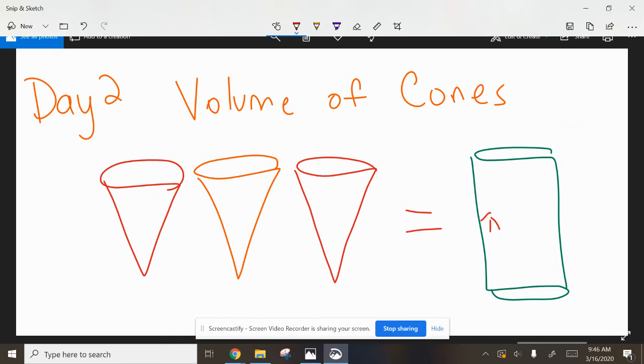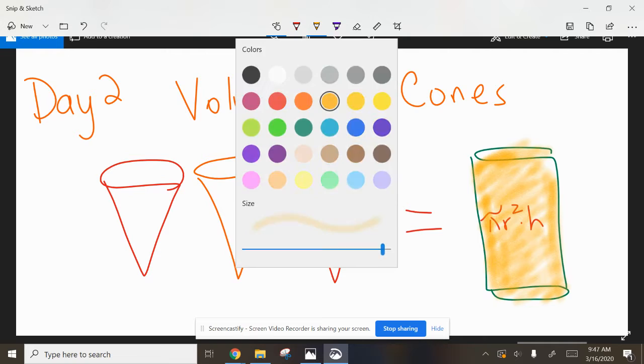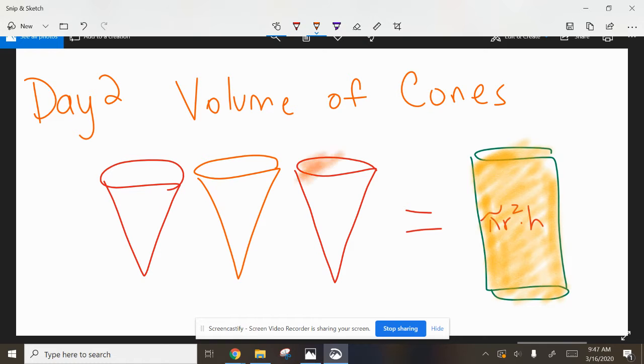Remember the formula for the cylinder: to fill the whole cylinder, it's pi r squared times height. So for 1 cylinder to be filled, that's your formula. But what if I asked you, how much would 1 cone be? Not 3, but 1.